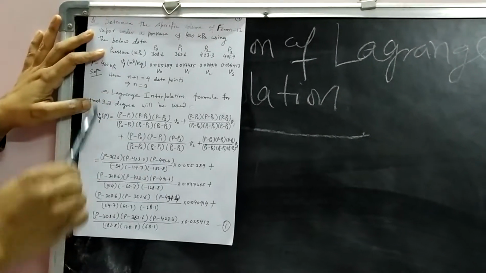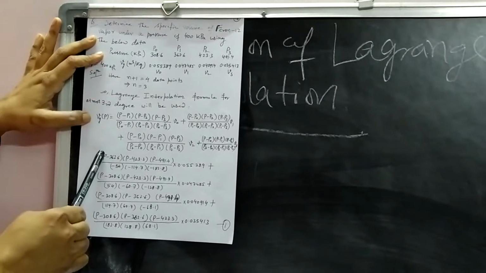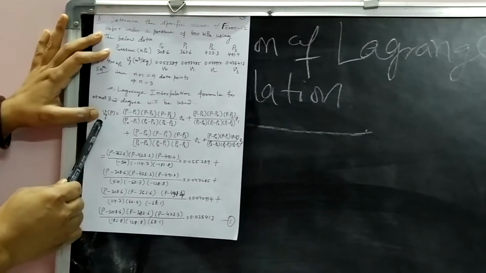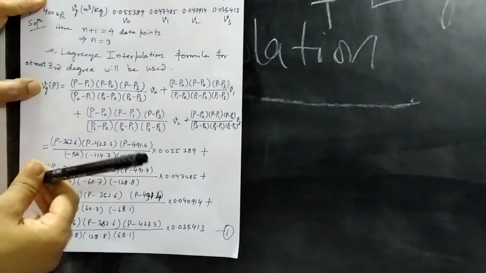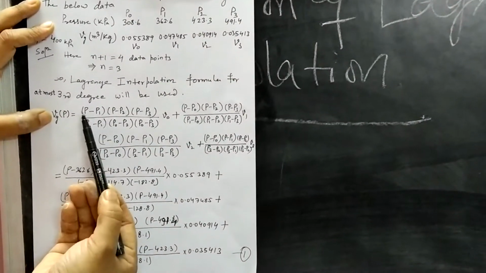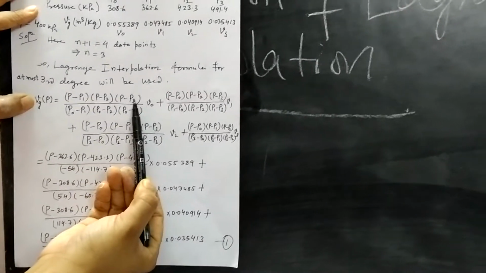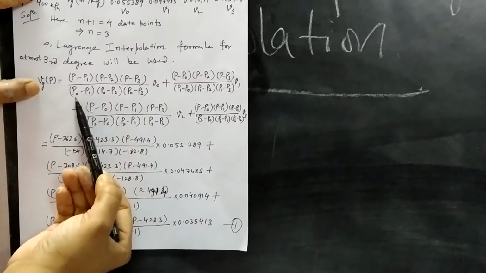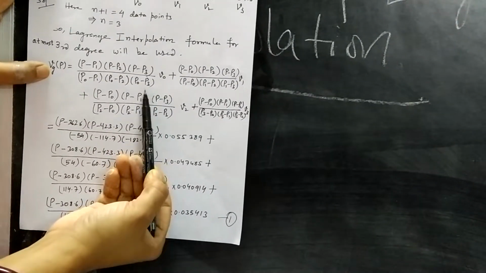Applying the formula for Lagrange interpolating polynomial of degree 3, we can have over here Vg(P) is equal to, as per the formula that we have already discussed, P minus P1, P minus P2, P minus P3 in the numerator, and P0 minus P1, P0 minus P2, P0 minus P3 in the denominator.